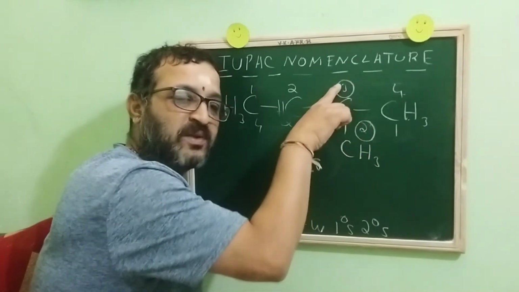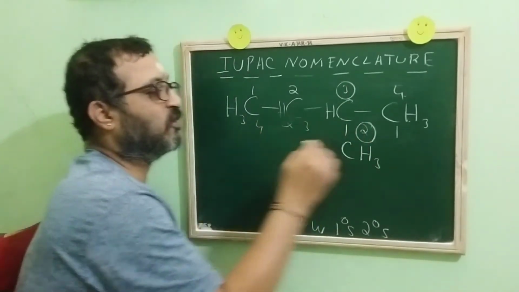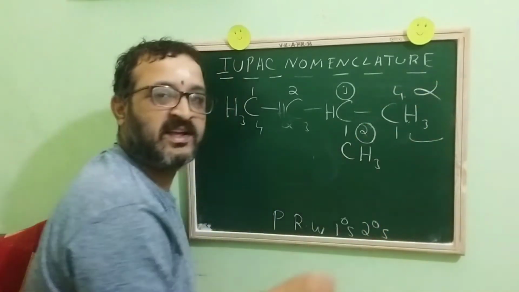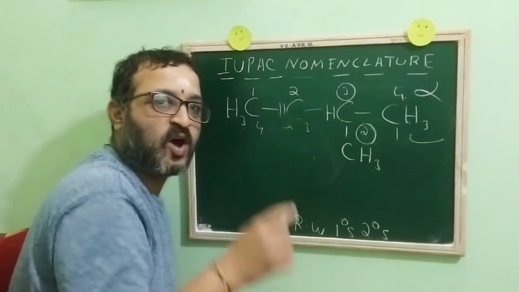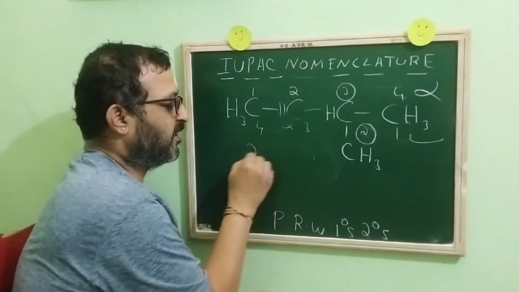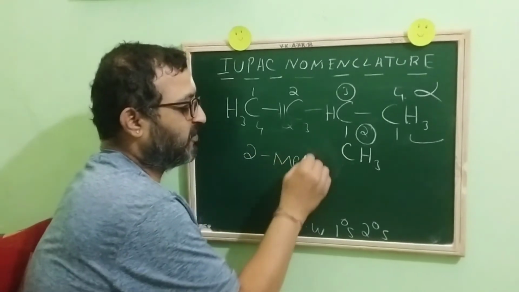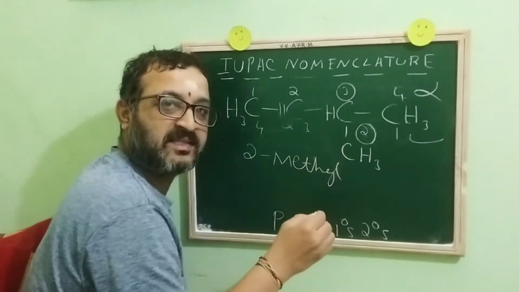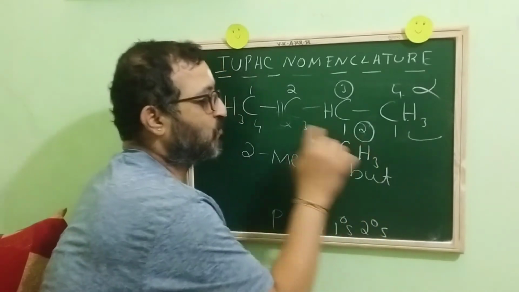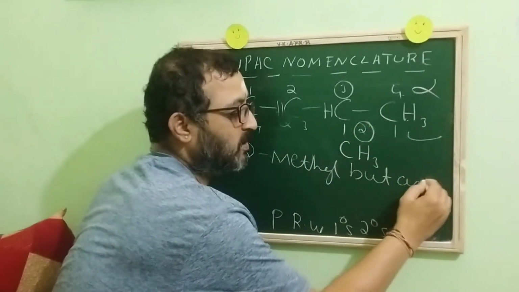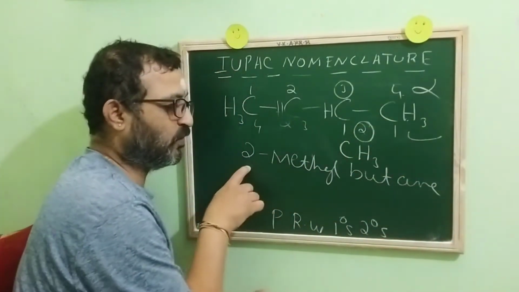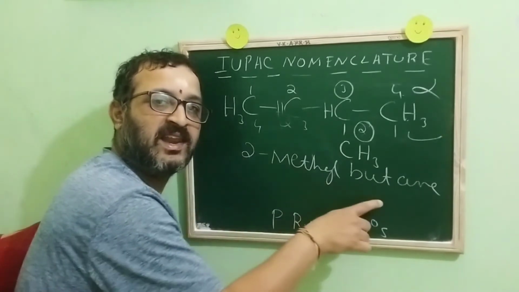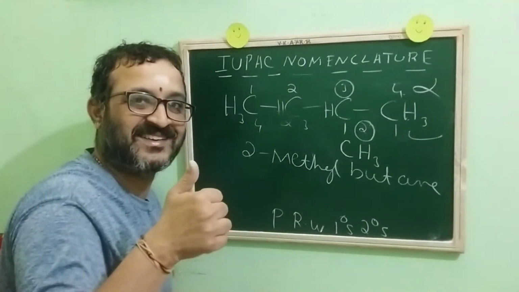Out of 2 and 3, which is least? 2 is least. So, this way of numbering is right. This way of numbering is wrong. So, the name of the compound is 2, what, children? Methyl, 4 carbons, but, between them single bond. So, it is 2-methyl butane.